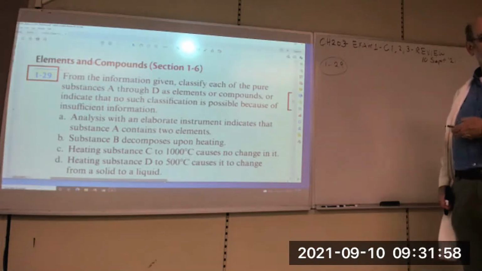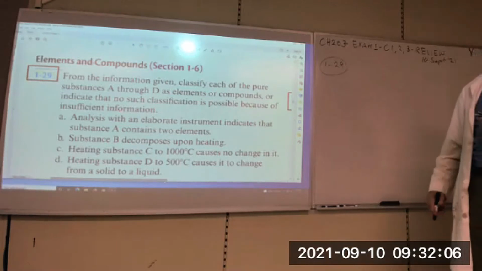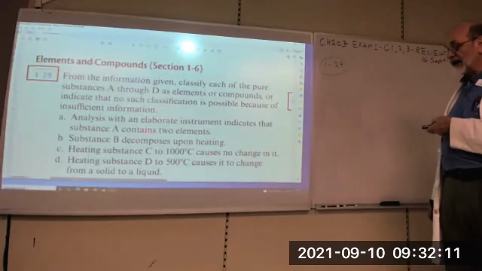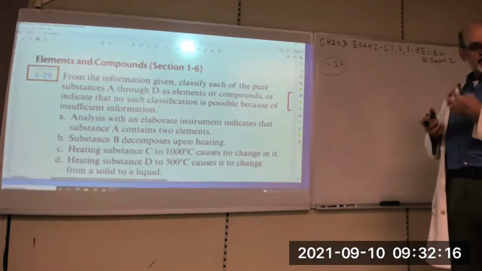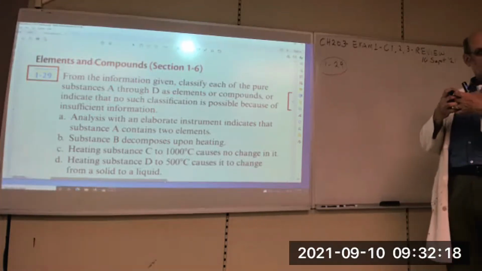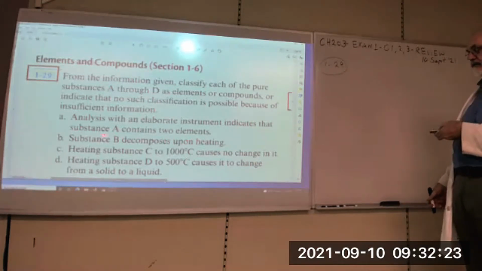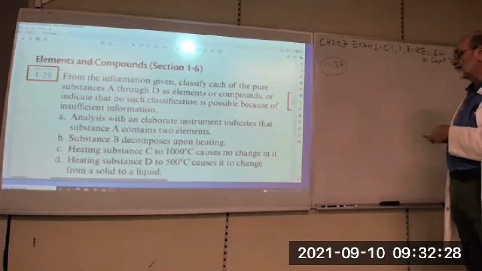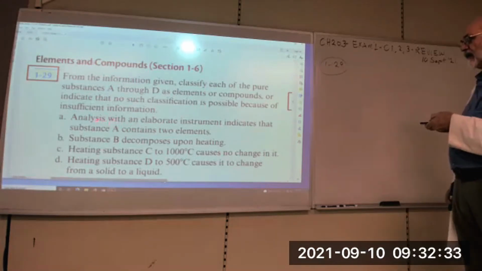Or it could be a compound of the 2 elements, they don't say. No such classification is possible because of insufficient information. That's probably correct. We're not told enough to say whether they're individual elements in a mixture, in which case they won't be pure, or a compound of those elements, in which case it would be pure. So there's not enough information for A. So you wouldn't put that one as a compound? Right. We can't say for sure that that's a compound.